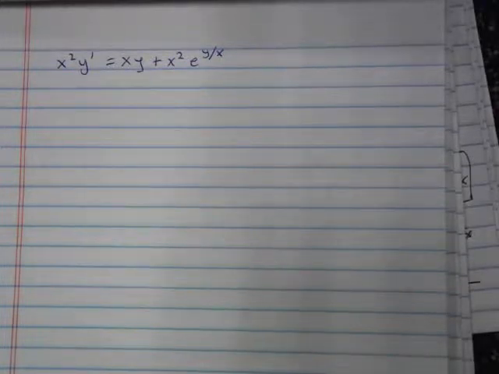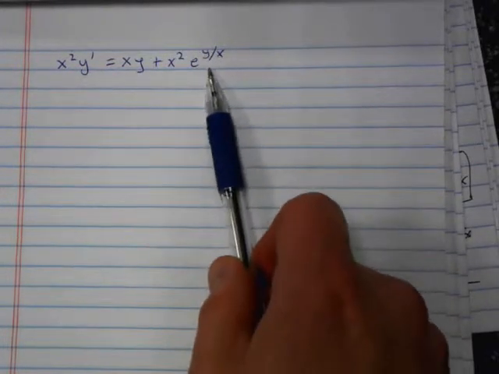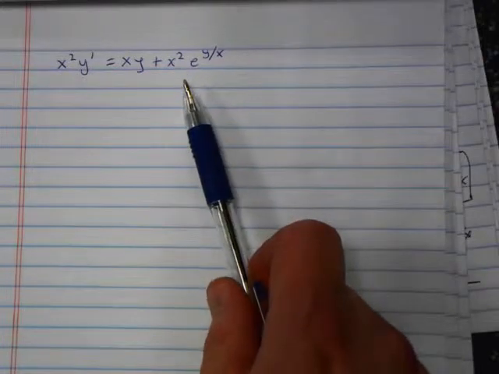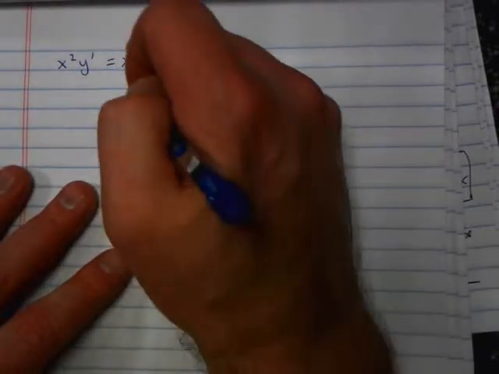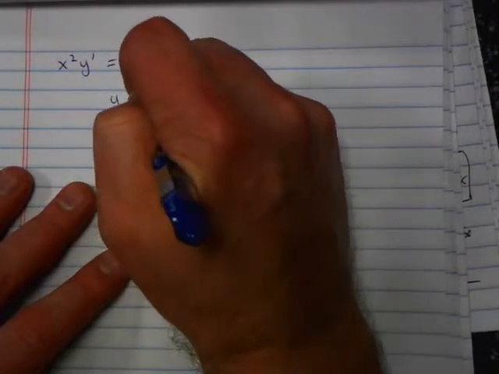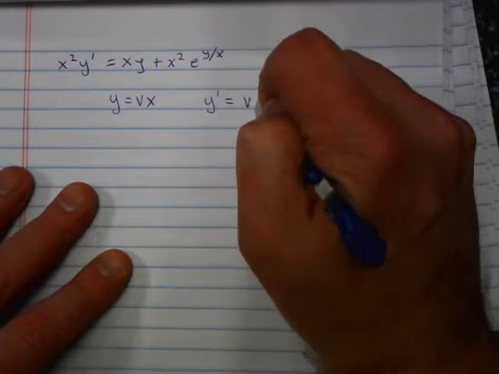Because of this e term, this is not linear and not Bernoulli, and I'm very convinced it's not separable. So this is homogeneous, and that's the only way we can solve it. Our substitution is y equals vx and y prime equals v plus xv prime.